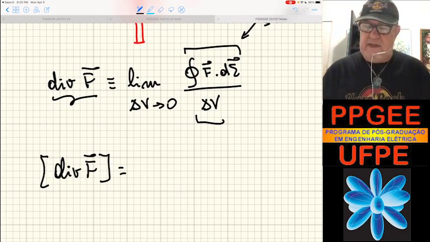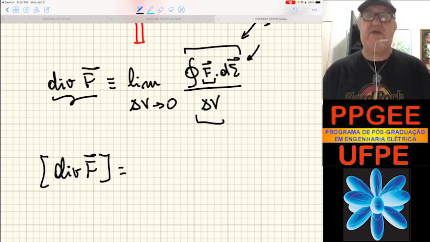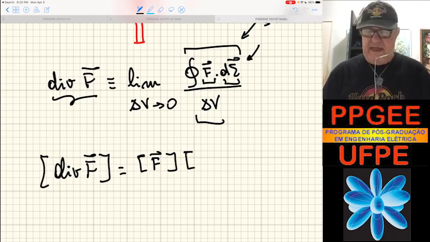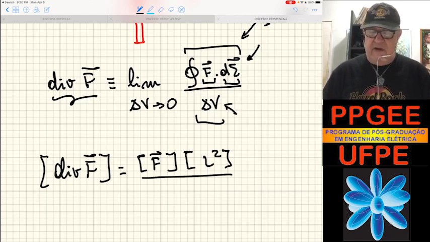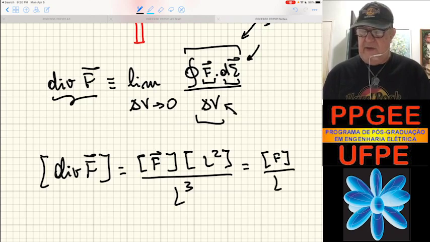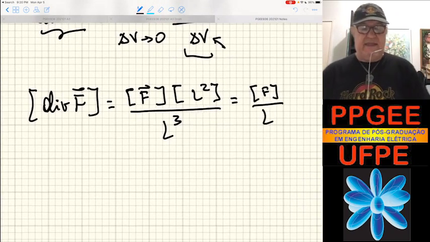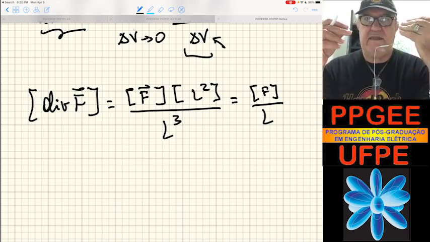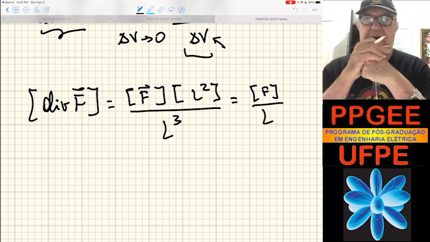You see here, it is dimension of field times area, which is square of length, divided by volume, which is cube of length. So it is dimension of F per unit length. Divergence of F is a scalar parameter, with dimension of F divided by length.